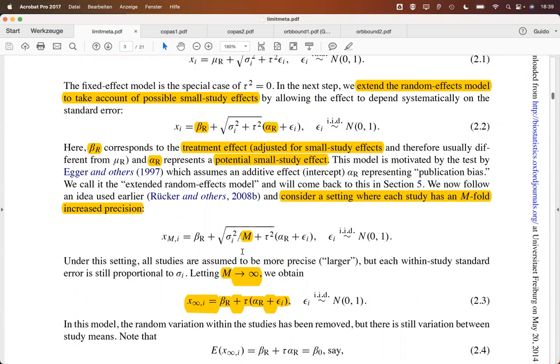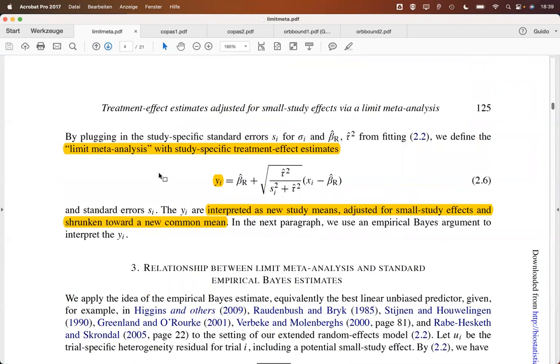And then the limit method starts by letting this factor M go to infinity. Here we already get the equation for this, but at the end, if we plug in our estimates and so on, we get this equation here, which we will call limit meta-analysis.